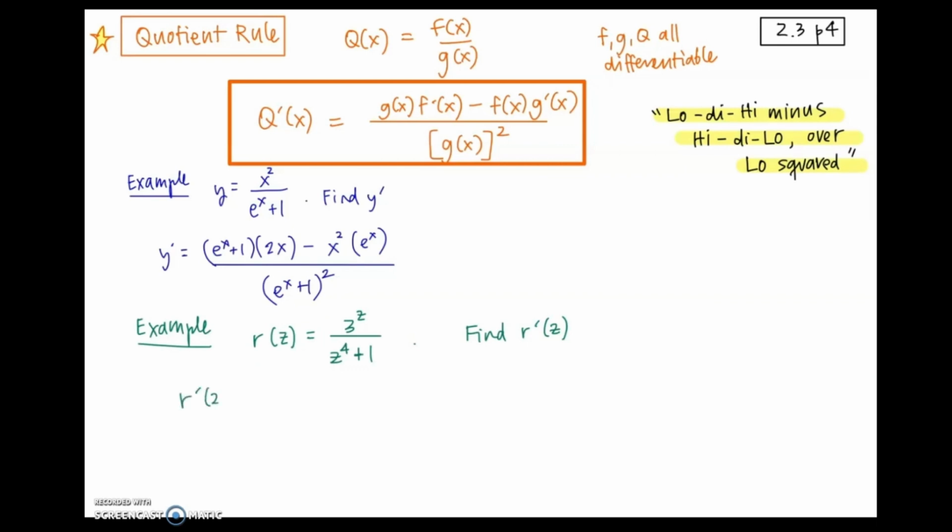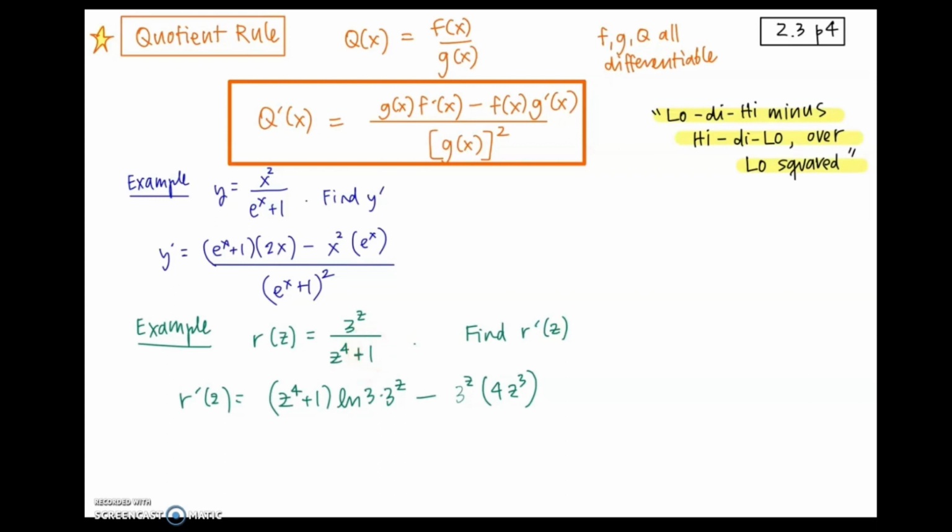R prime of z will be low, the low part of the quotient, times the derivative of the high, and the derivative of 3 to the z will be natural log of 3 times 3 to the z, minus, so we're right in this part, minus high derivative of low, minus 3 to the z times the derivative of the low, and that'll be 4z cubed, the plus 1, the derivative of that is 0.